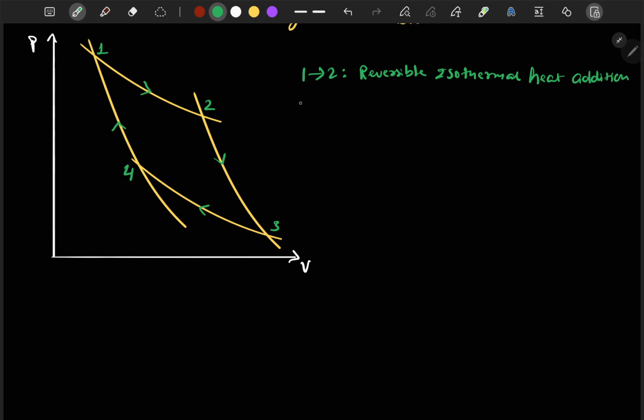Next we will move to process 2 to 3. Process 2 to 3 is called reversible adiabatic expansion.